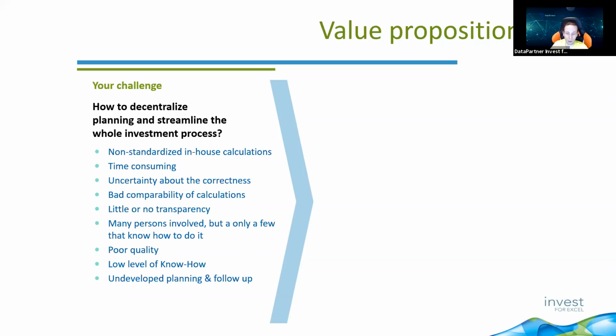But there was always at least some of these kinds of disadvantages, weak sides, because those were non-standardized calculations. It was time consuming to manage. Imagine if you have a model with many sheets, many formulas, many links to other sheets, sometimes links to other files, and it takes forever just to check, especially if you are not familiar and want to get to know how the model works.